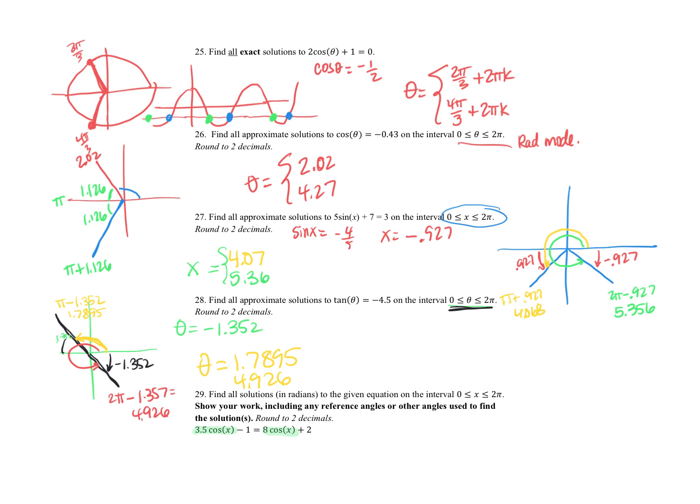So I'm going to subtract 8 cosine x from both sides. 3.5 minus 8 gives me negative 4.5 cosine x. And I can add 1 to the other side, that equals 3. So I get cosine x is equal to 3 divided by negative 4.5, which is equal to negative 2/3.